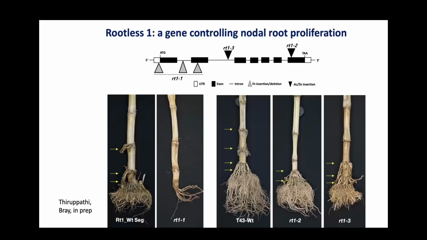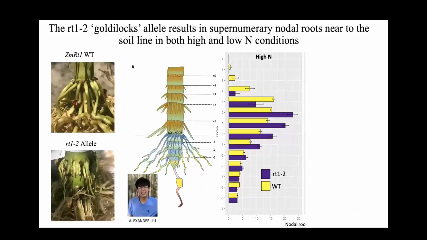But it's this rt1-2 that I want to focus on. And so that has actually a mutation in an exon. So it's competent, obviously, to make nodal roots, but for some reason it stops making them, and here it makes too many. So there's a lot of interesting molecular genetics that we have yet to learn, and I won't talk about today, but just from the more practical, applied standpoint, here's how we think it might be useful, or what we've learned so far.